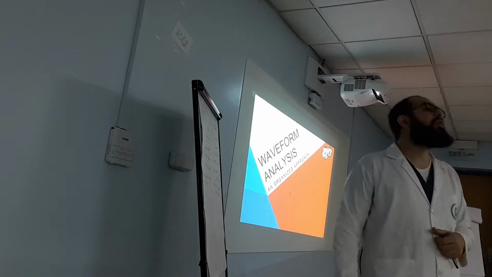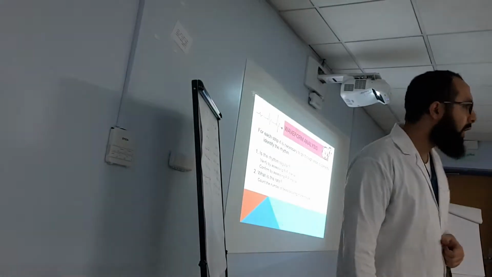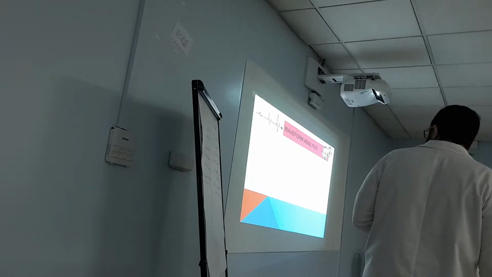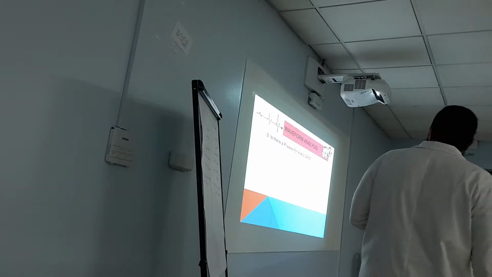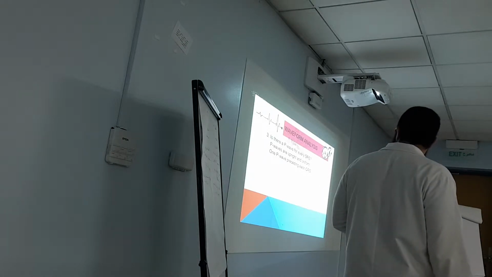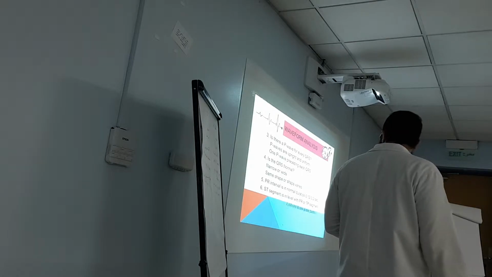So now we will approach the ECG in a systematic way. So first you see the rhythm, is it regular? Then the rate, then you will see the P wave, assess the P wave, assess the QRS complexes, the PR interval, the ST segment.